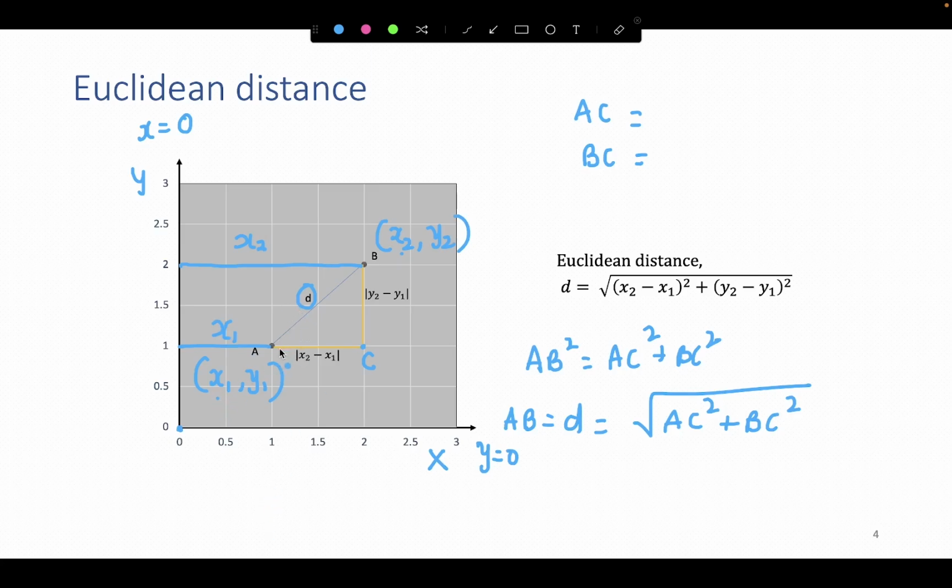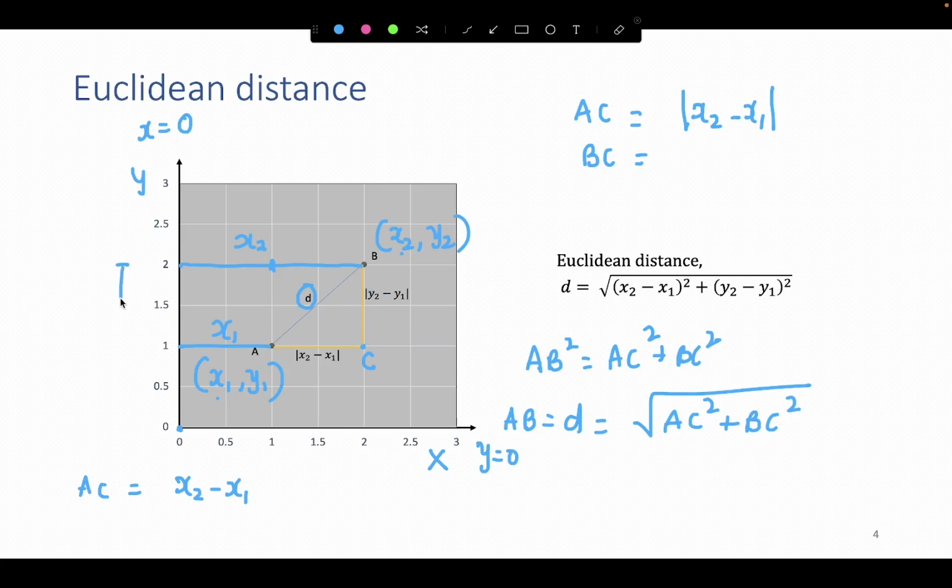In order to find AC, I simply take the difference between x2 and x1. So x2 minus x1 is going to be this yellow side of the triangle, which is AC. I'm providing a modulus operator to indicate that distances can never be negative. Similarly, BC can be y2 minus y1.